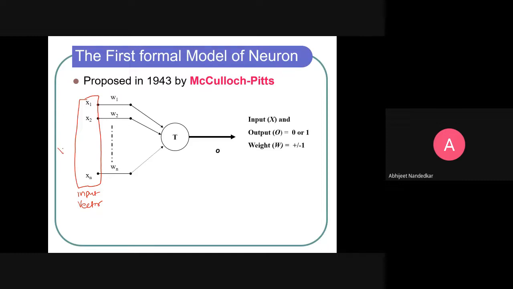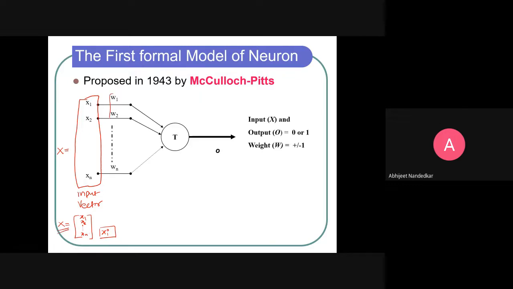And generally we represent this input with a capital letter X. So whenever I write capital X, it consists of features x1, x2 up to xn. So xi is an individual feature. A collection of n different such features will give me the input vector.